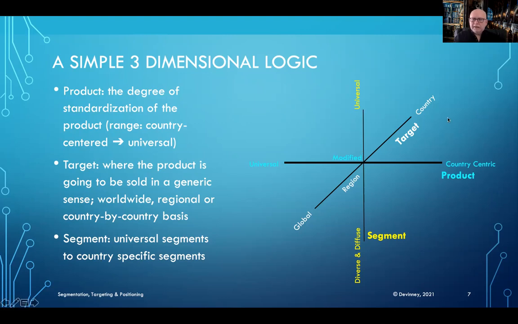Their targeting is actually more country based, but the product is actually universal in the sense that they offer the same basic product structure in almost all places. There'd be little modification, but their targeting is actually more country based.